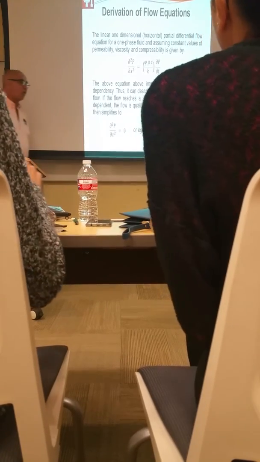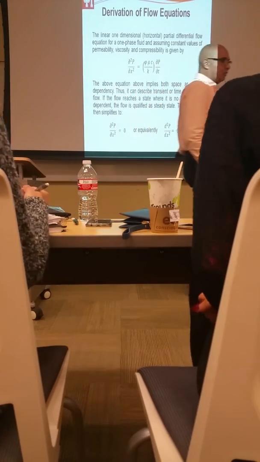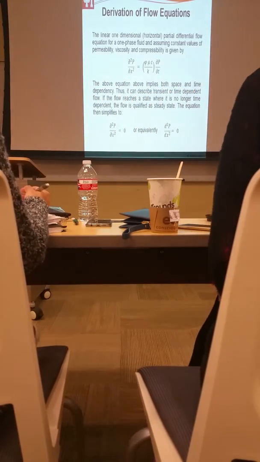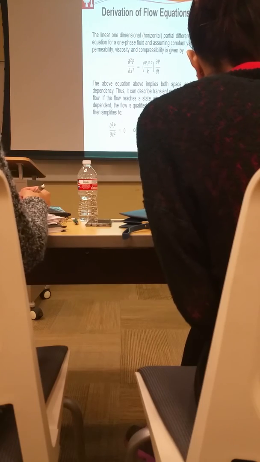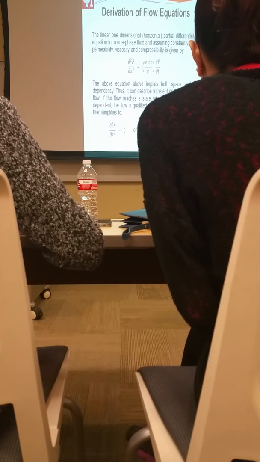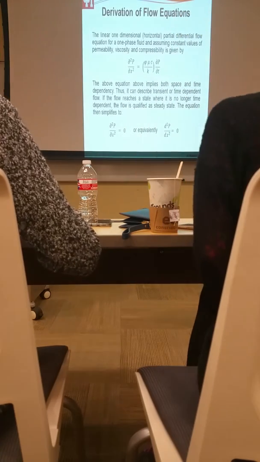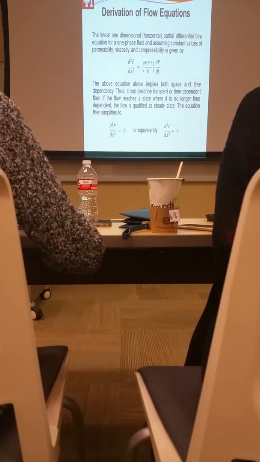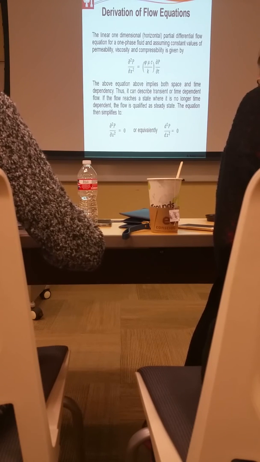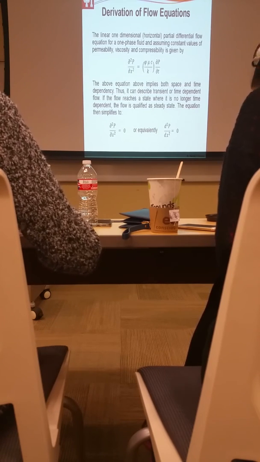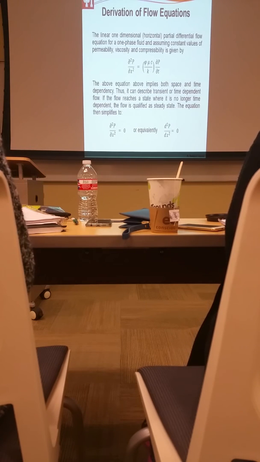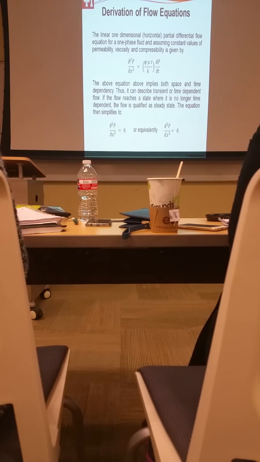To the point, I'm not going to derive the equation directly, I'm going to expose the partial differential equation. The partial differential equation that describes a one-phase fluid, assuming constant values for permeability, viscosity, and porosity, is given by that expression: the second partial derivative of P equals this factor in terms of porosity, permeability, compressibility, and viscosity, times the first partial derivative of pressure with respect to time.